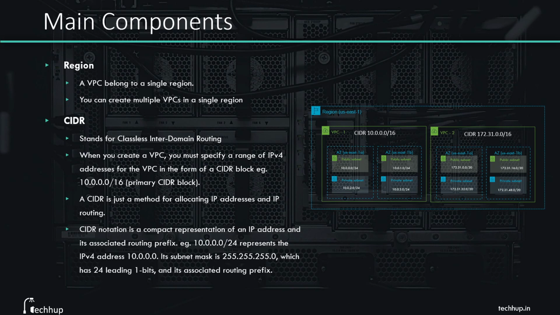So when we create a VPC, we must specify a range of IPv4 addresses for the VPC as the primary CIDR block, and this is just a method for allocating the IP addresses for the VPC for IP routing of the resources that we are going to launch within that particular VPC.